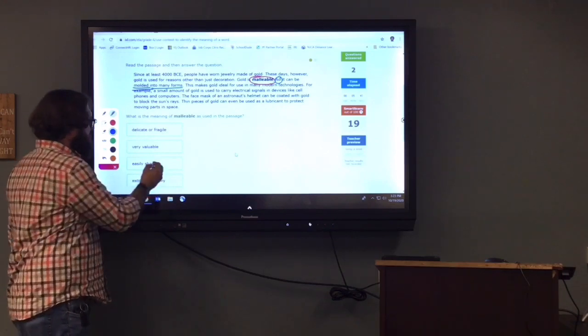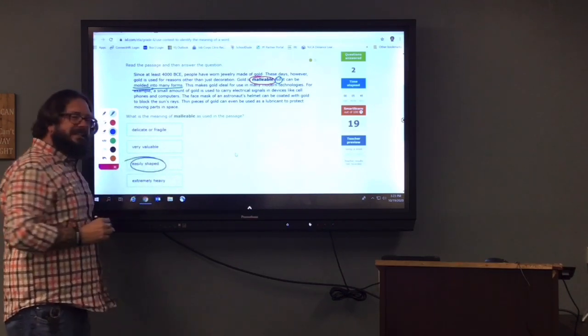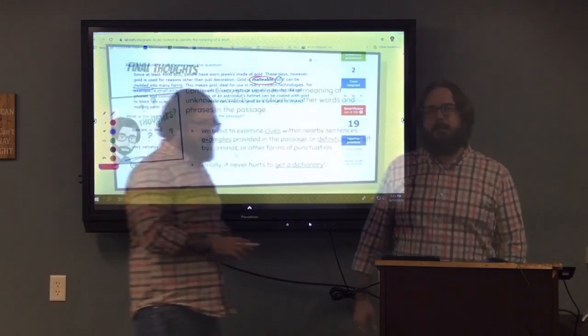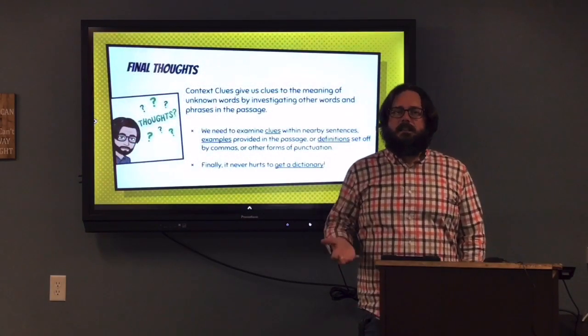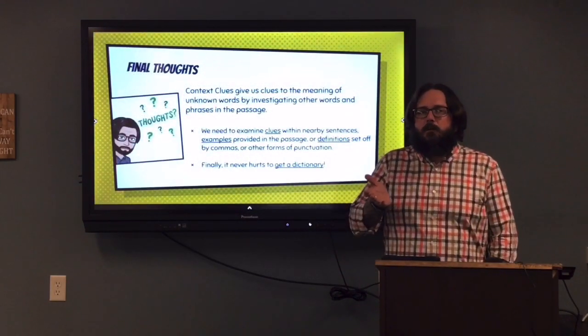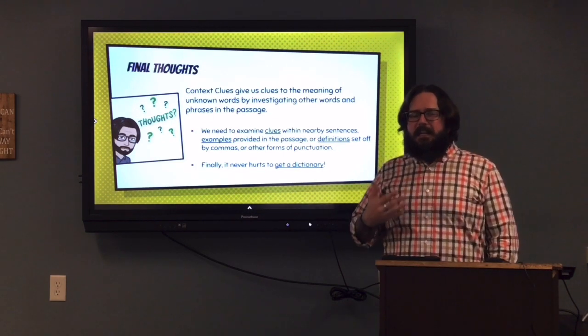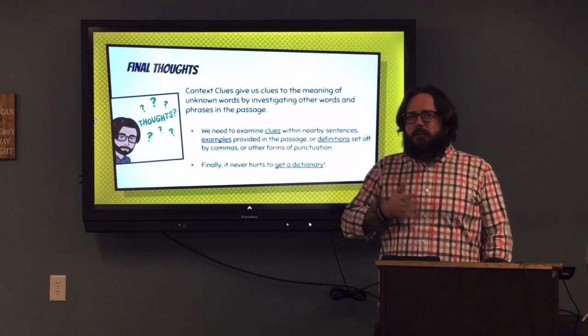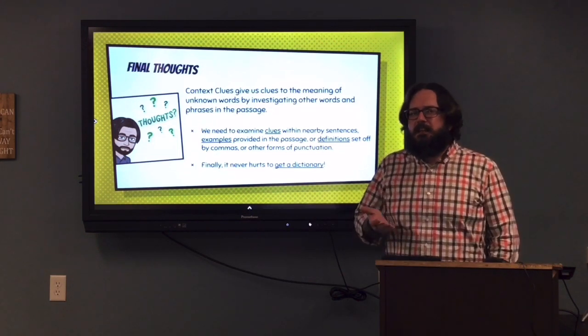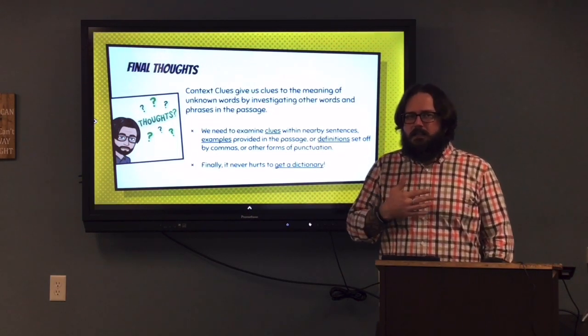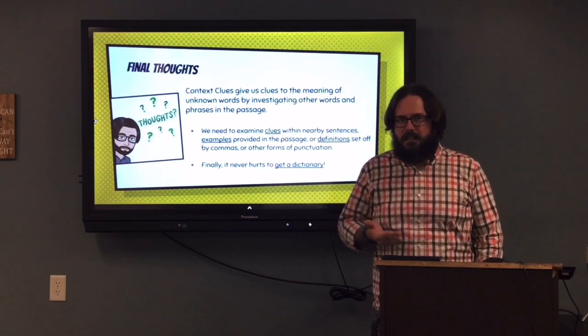Therefore, something that is malleable is easily shaped. As we can see, context clues actually help provide us with the understanding of the meaning of unknown words by being good detectives and investigating the words and phrases used in the surrounding sentences.